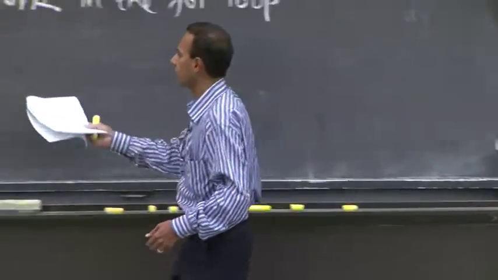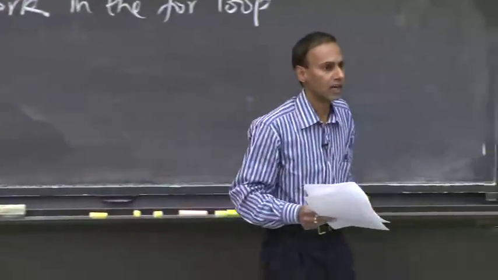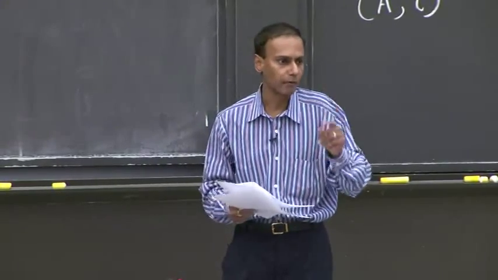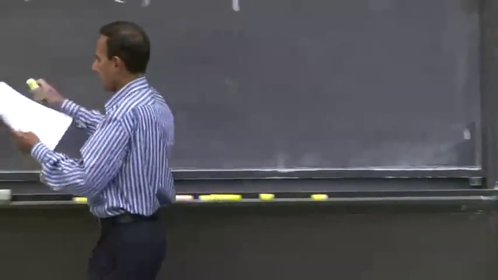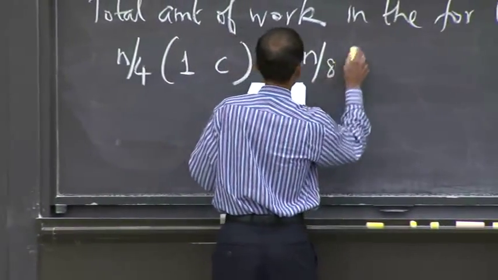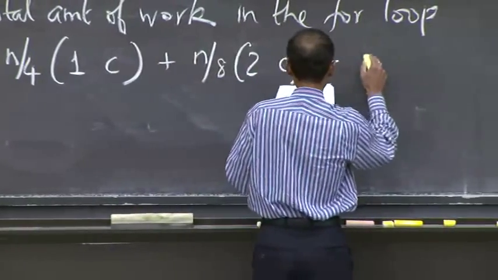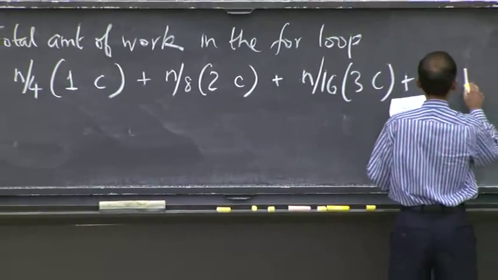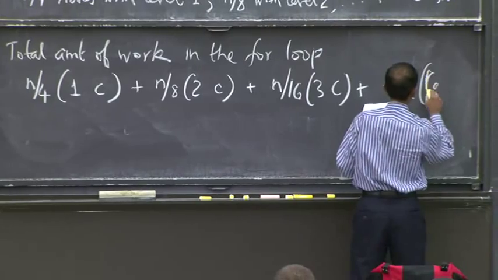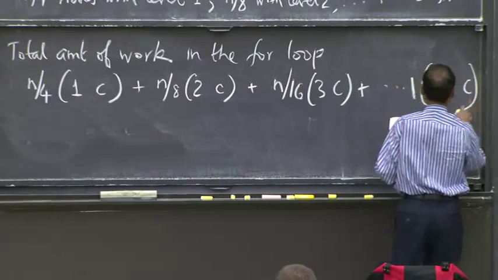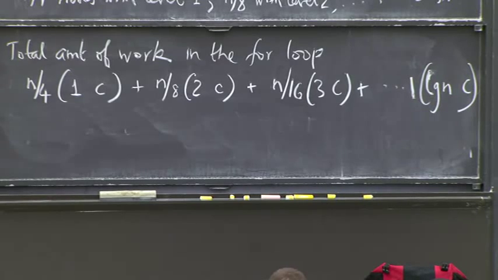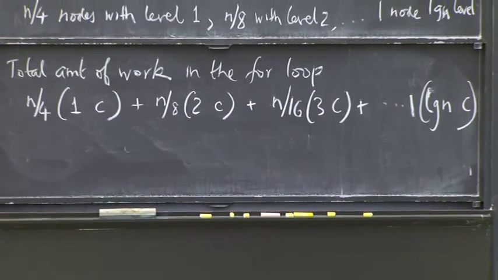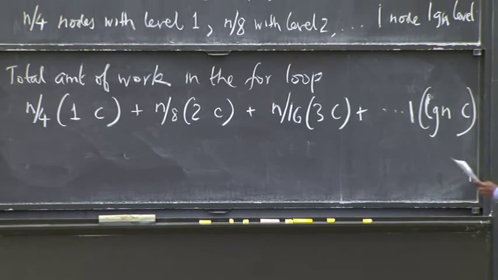We don't need to argue about how much work is done at that one level, how many swaps, et cetera, but the fact is that these n over 4 nodes are one level above the leaf. That's what's key. And then I have n over 8 times 2c plus n over 16 times 3c plus and so on, 1 times log n times c. I've essentially written in an arithmetic expression exactly what I have observed on the board above. Stop me if you have questions.